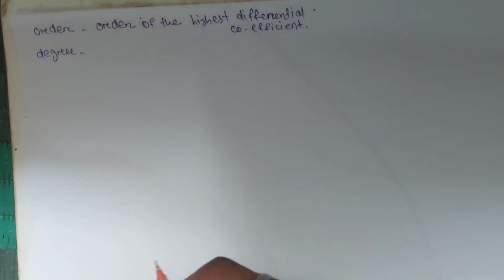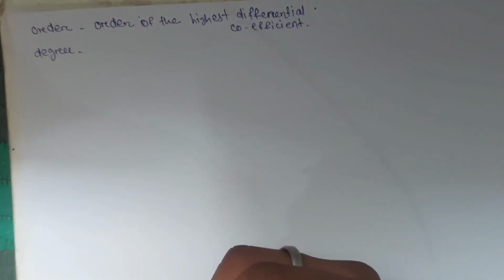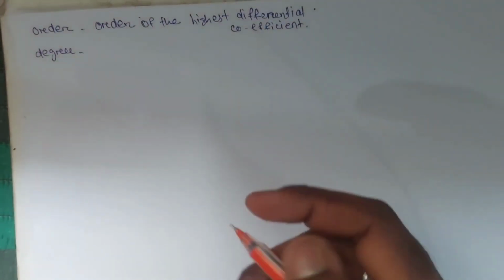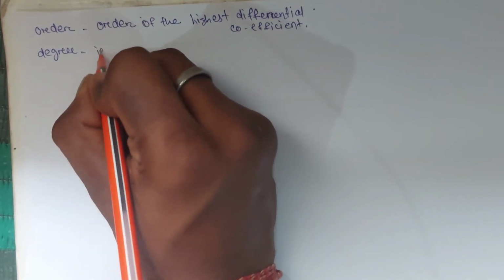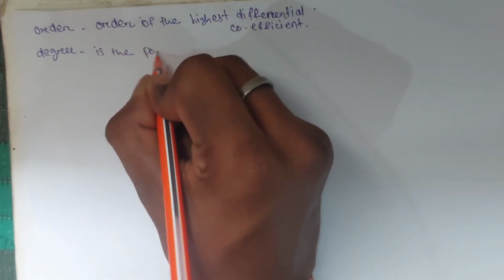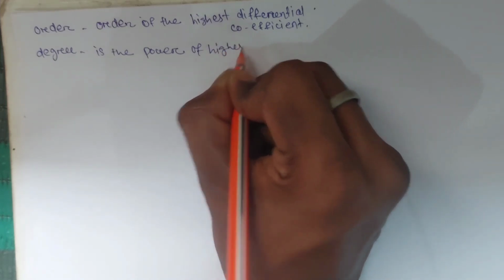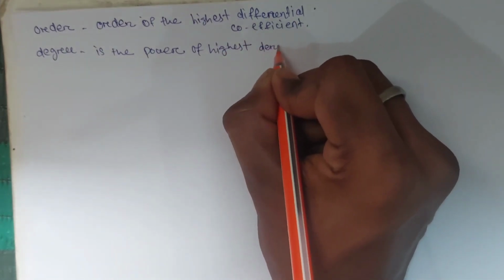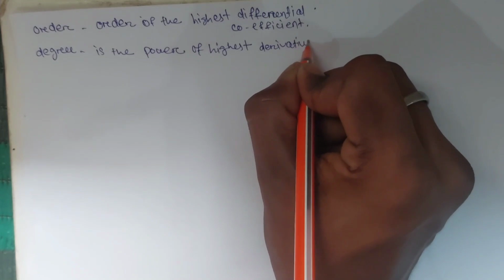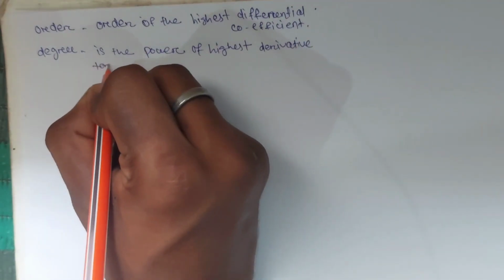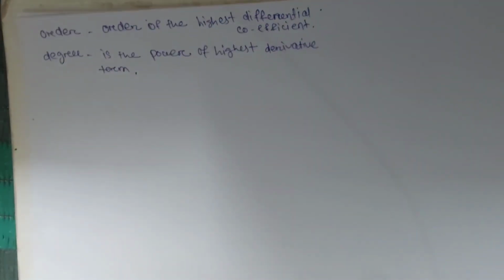And degree is the power of the highest derivative term. Okay, so let's see an example.